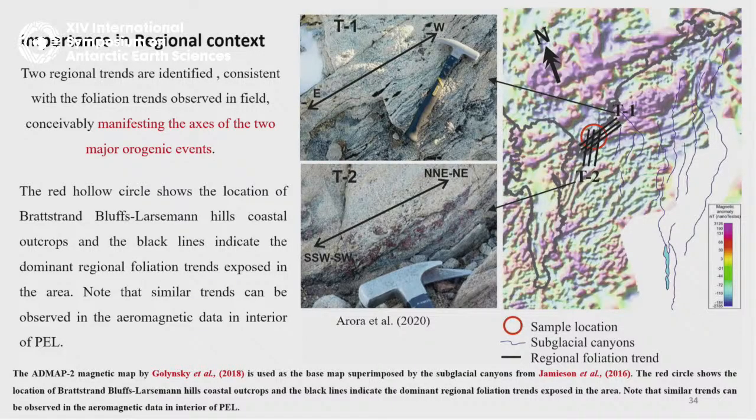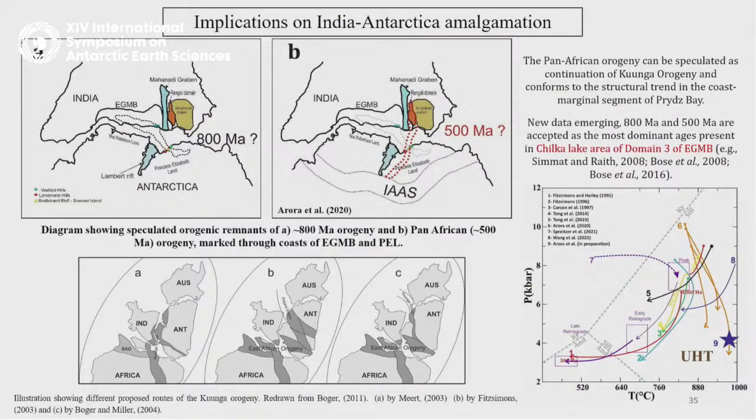The 500 one is well known from that area, and this is normally classified as extension of Kunga or Kunga orogeny, but the way it propagates has been debated differently. That is, whether it is parallel to the coast or it's across the coast. So here, this work shows that there is at least one 500 million year Pan-African orogeny which cuts across, and its evidence we should find in India also across.